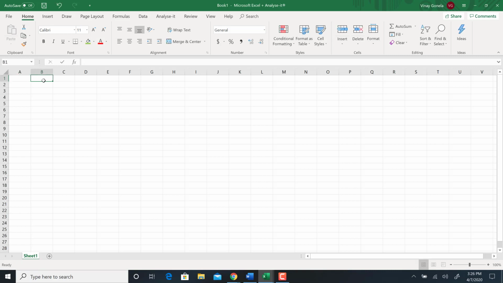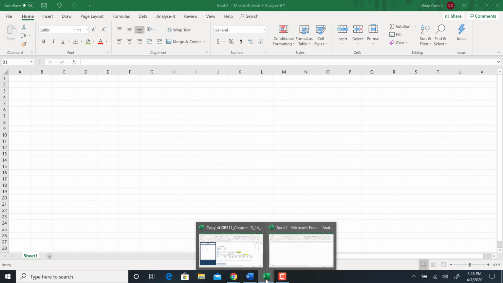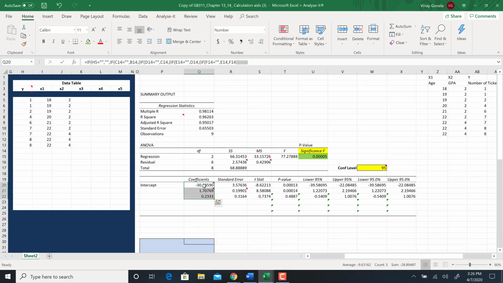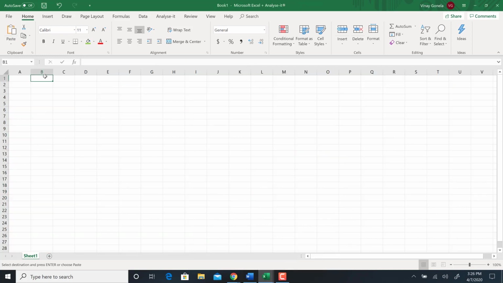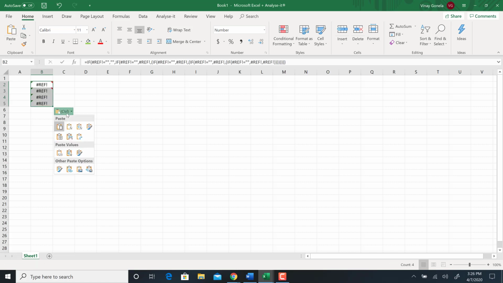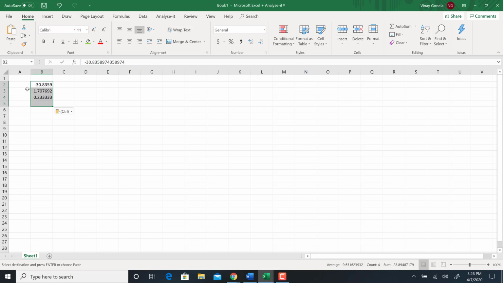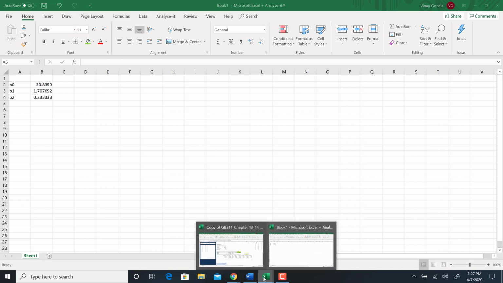Let me copy this again and paste it here. I wanted only values, so I will paste values. So this is your beta naught, this is beta 1, this is beta 2.